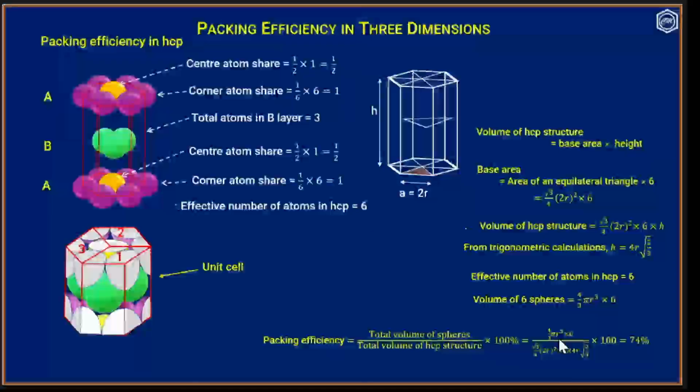That is 4 by 3 pi r cube into 6 divided by the total volume of the hexagonal structure into 100, and that also is 74%. So both HCP and CCP structures are 74% efficient. The vacant space is only 26%.